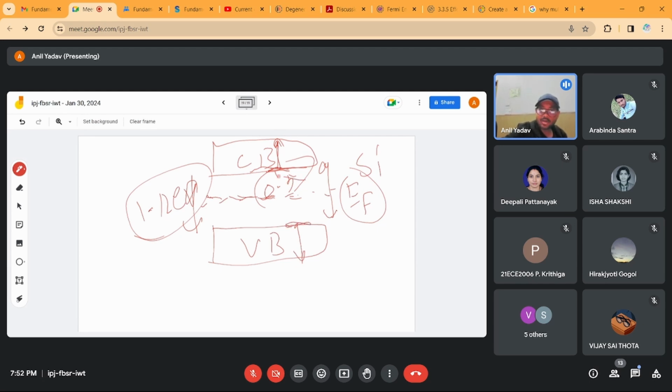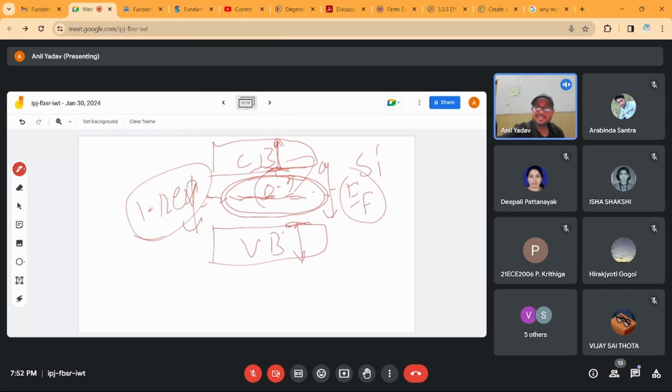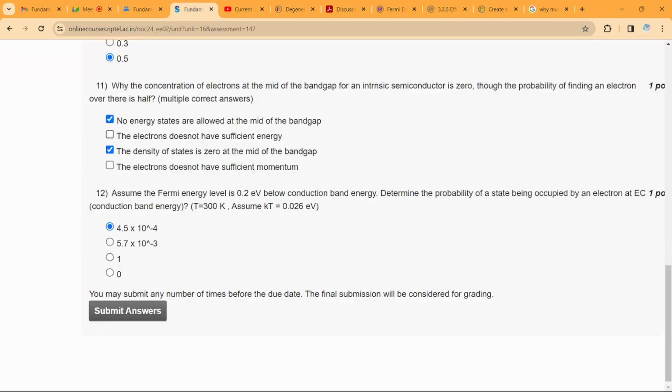So there are no energy states in between. That's why you cannot find any electron at the Fermi level, despite the 0.5 probability of finding an electron at that level. There are no energy states.